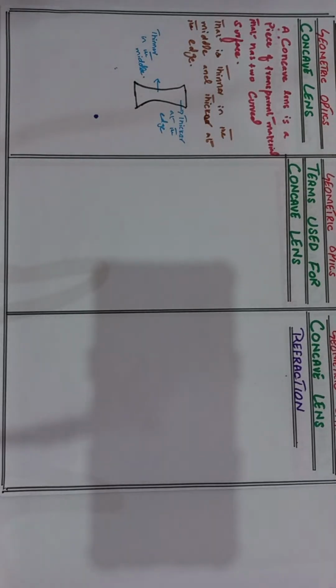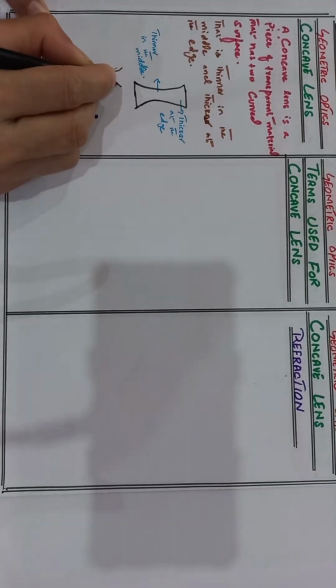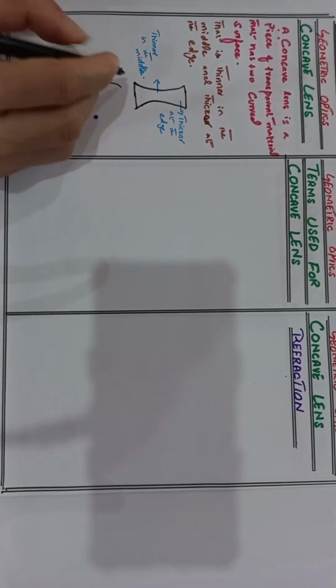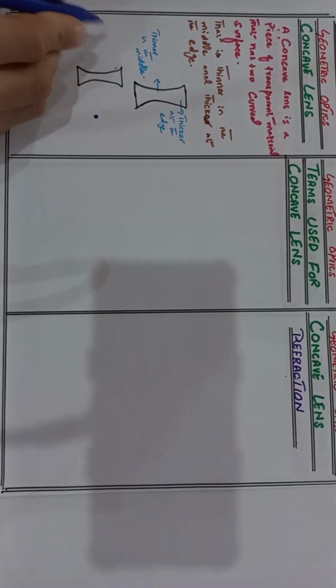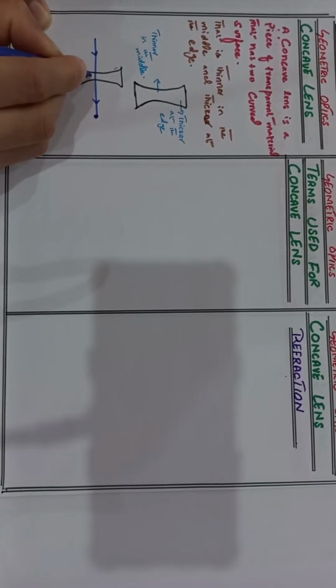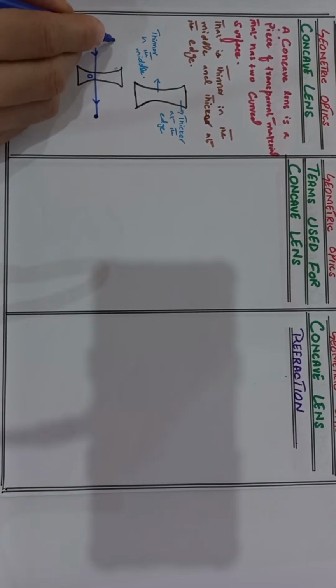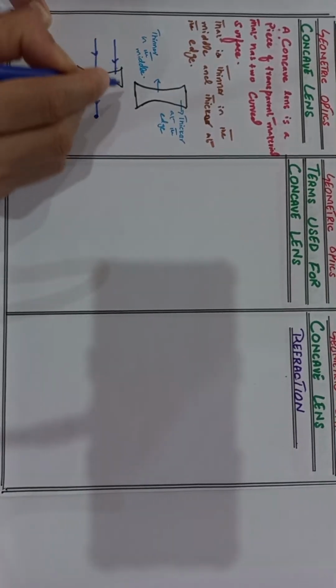Here we draw the concave lens. This is a concave lens. Now we discuss how the light spreads out from the concave lens. Here we take the incident light that is passing through the center O, that goes straight, and light that is parallel to the principal axis.